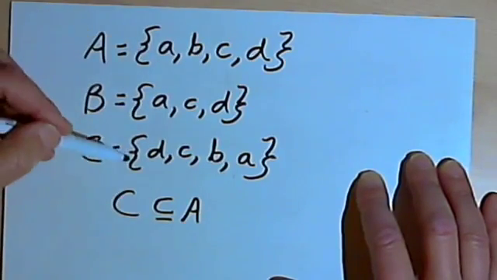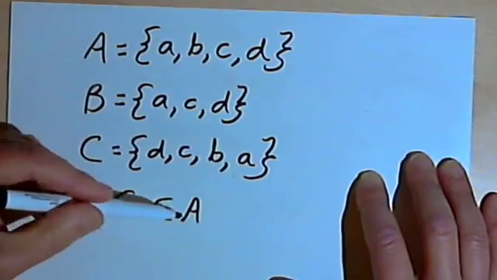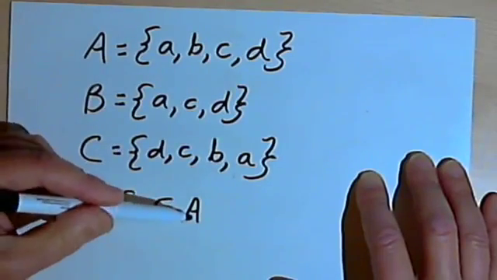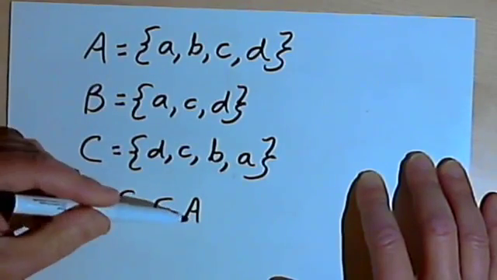So equal sets can be considered as subsets. One would be the subset of the other. Since they're equal, it wouldn't matter what order you put them in.